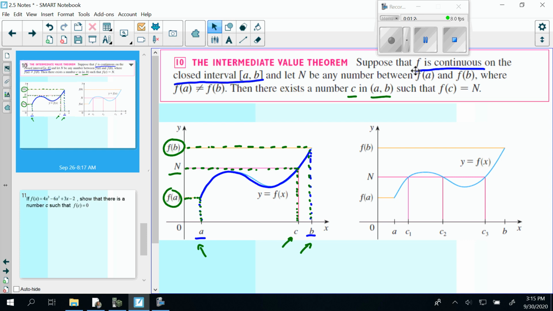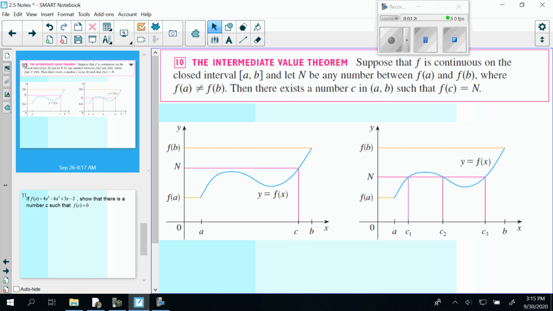Here's another way to explain the intermediate value theorem. If we know that this is a continuous function, there's no breaks, and we have a point here and a point here, and n is some y value in between, is there any way for us to draw this line where we don't go through that n at some point? No, we have to.